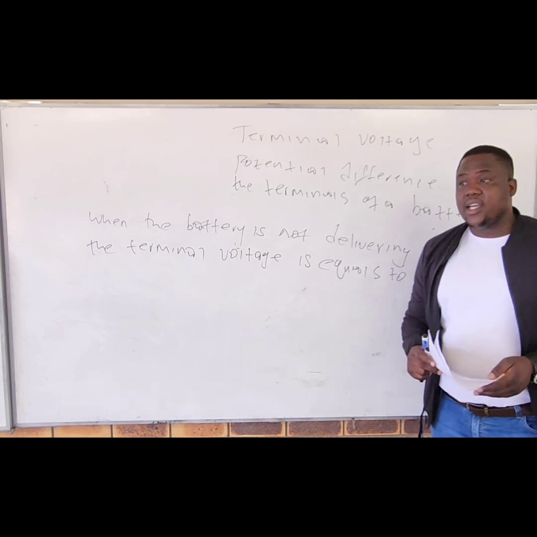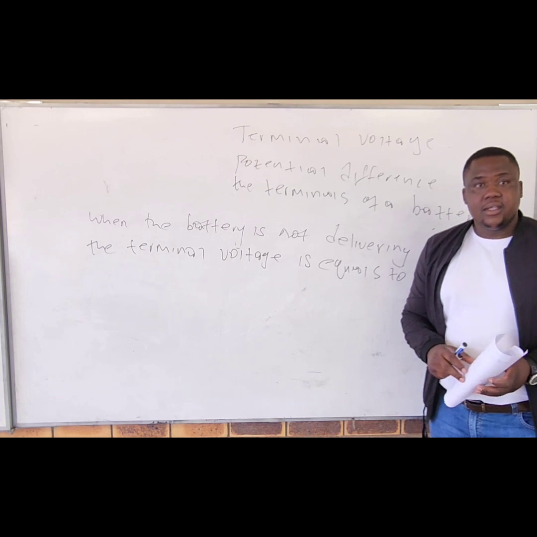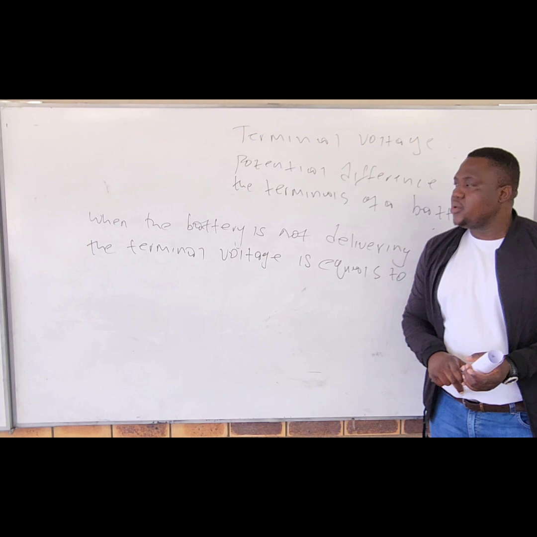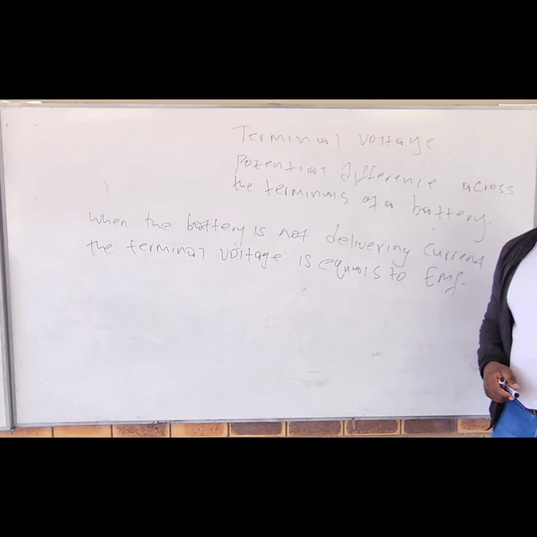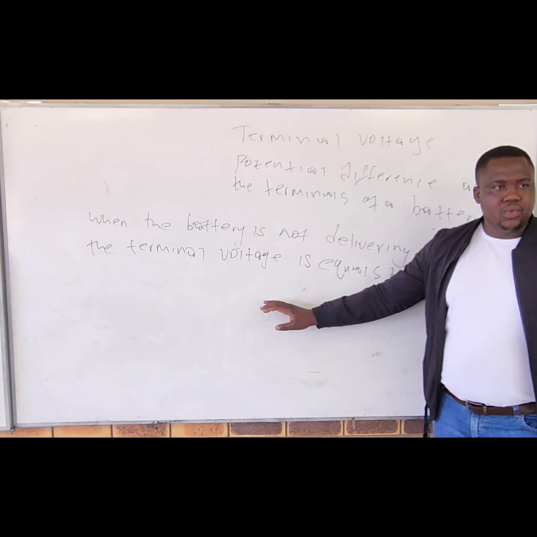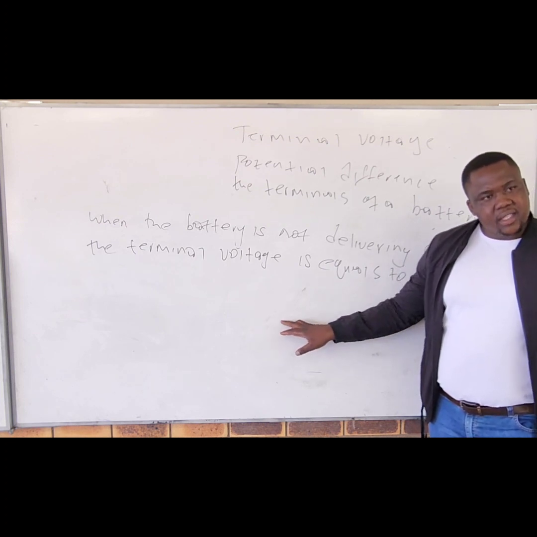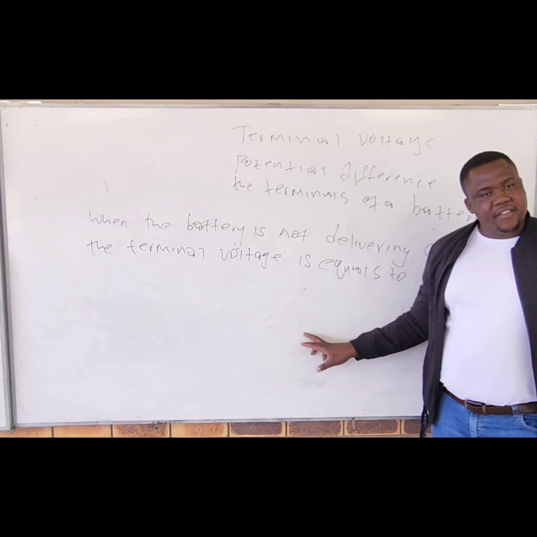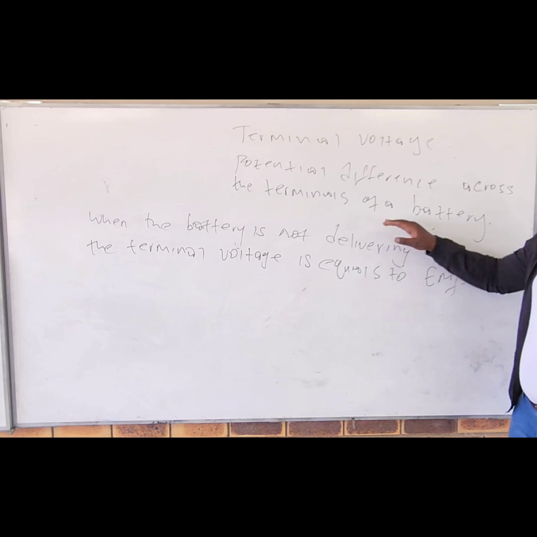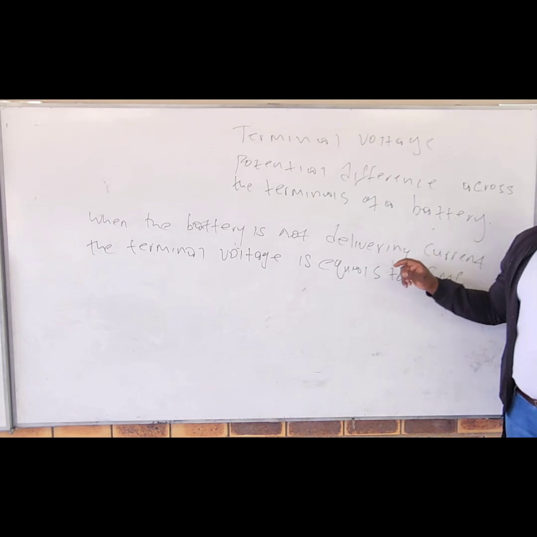So immediately the battery starts to deliver current, it is going to do work, and some of the energy is going to be lost because of internal resistance. And then the EMF is not going to be the same as the voltage that is driving the charges in the circuit. So it leads us to what we call terminal voltage, as I explained to you.